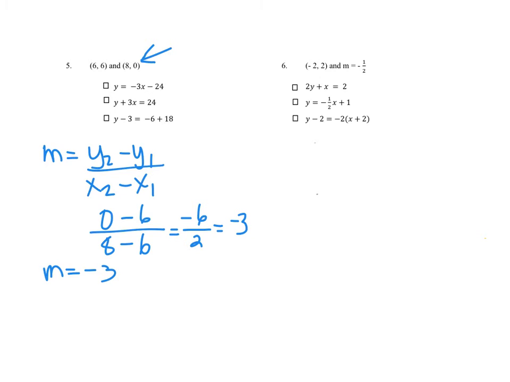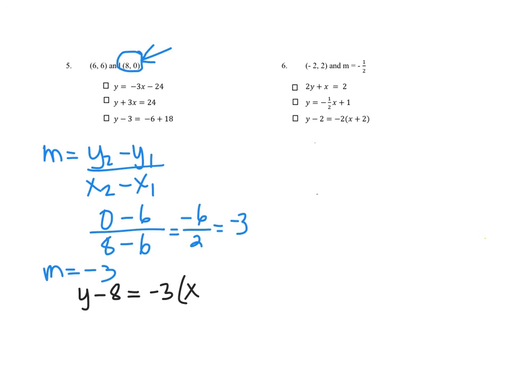Now I pick either point to plug in, and I think I'm going to use this one right here because it has a 0 and it's easier to work with. So I'm going to use my point slope formula and plug it in. So I have y minus 8 equals negative 3 times x.